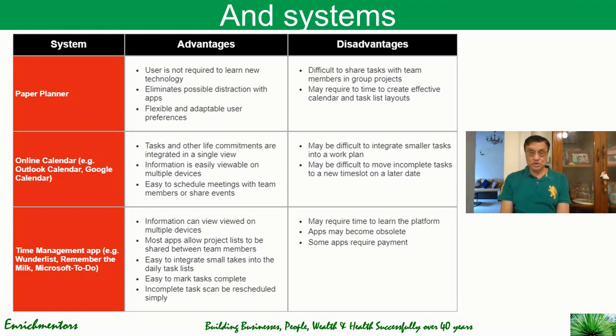Without the technology, you can do paper planning. Then there are Google Calendars or online calendars that can help you plan. They have their own advantages and disadvantages, which you can read through. And then there are time management systems like Microsoft To Do, which can help you manage your time beautifully. So you can use these systems, principles, and methodologies to plan better.